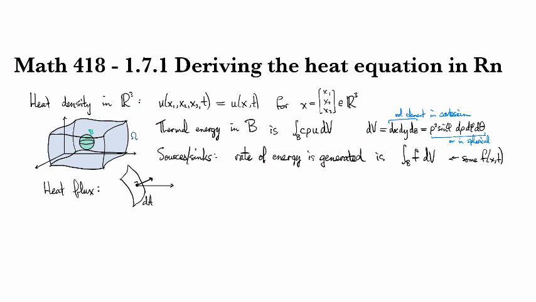So this is the normal vector right here. I'll denote that with a little n. And then the amount of flux coming out through here is going to be found by projecting onto the normal vector. So that's supposed to be a projection. It kind of looks hairy, but oh well.